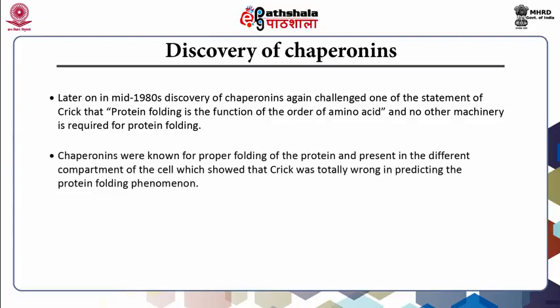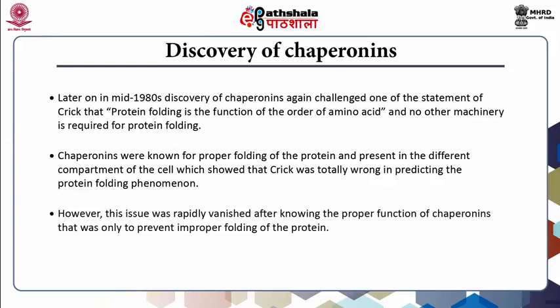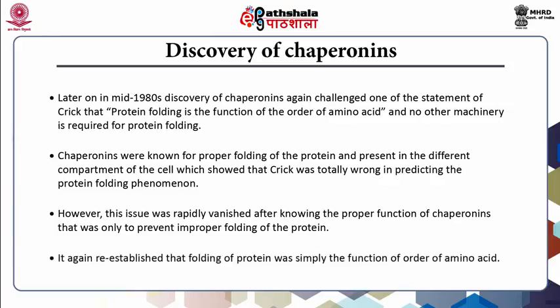Chaperonins were known for proper folding of proteins and are present in different compartments of the cells, which showed that Crick was totally wrong in predicting the protein folding phenomenon. However, this issue rapidly vanished after knowing the proper function of chaperonin, which was only to prevent improper folding of protein. This again re-established that folding of protein was simply a function of the order of amino acids.